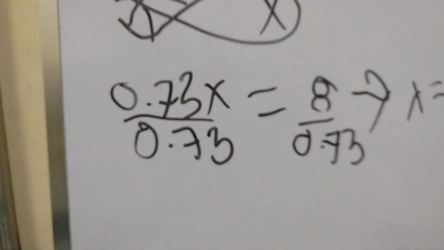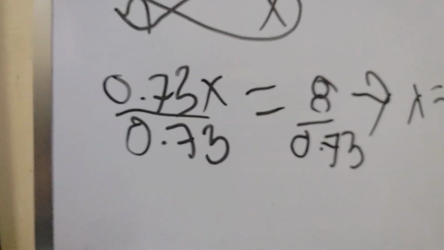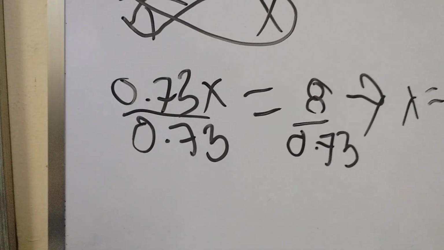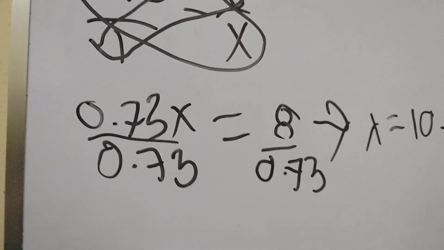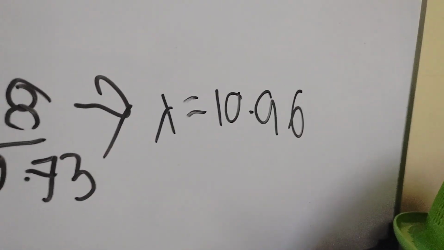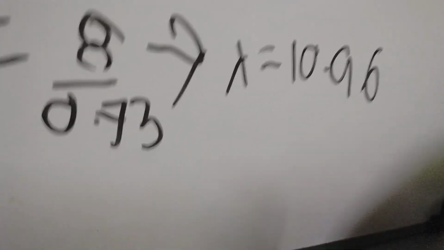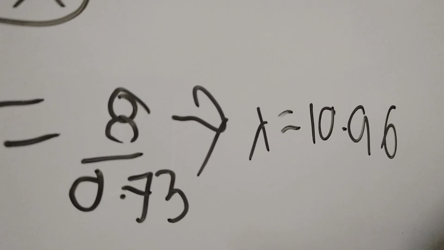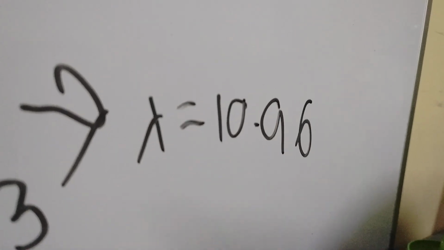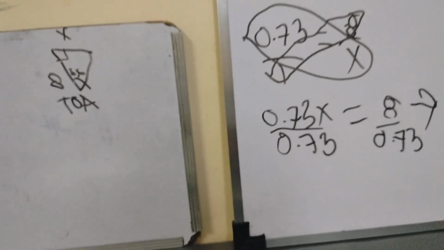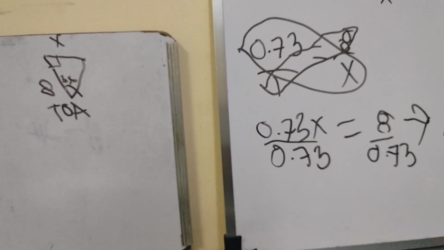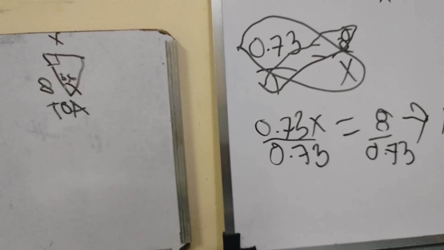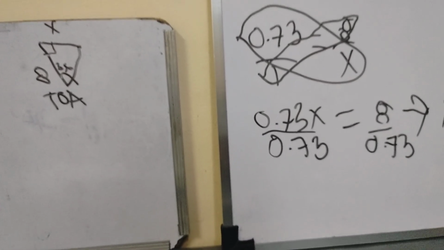Boom, boom, boom. 0.73x divided by 0.73, and 8 divided by 0.73. There you go. Your final value. So the value of your adjacent would be 10.96. It's pretty easy once you learn the first steps. The first step is really the only thing that changes with the sine, cosine, and tangent.